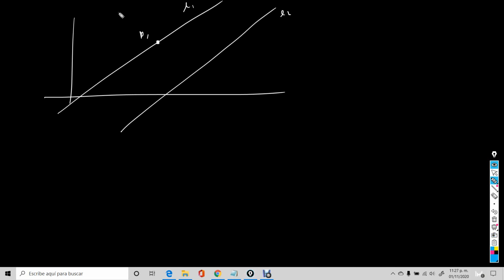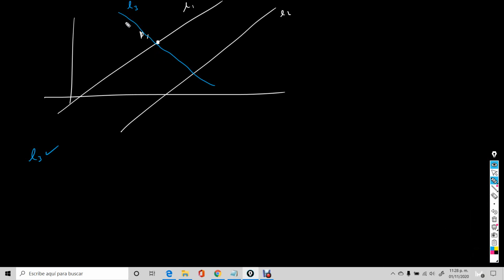Then find the equation of the perpendicular to L1 that goes through point 1. You can call it whatever you want: L3, L perpendicular, L whatever. Now let's suppose that you already have the equation of L3, this perpendicular line.